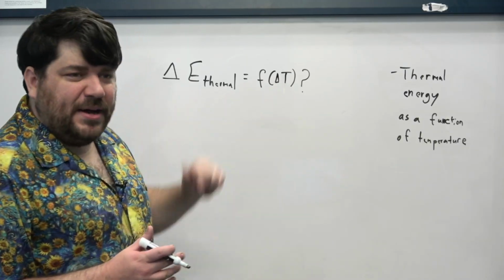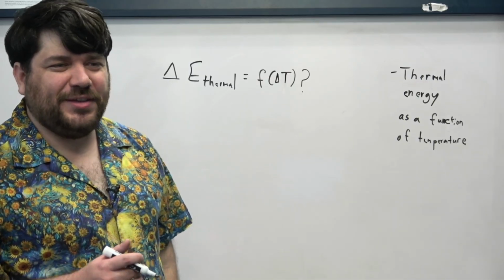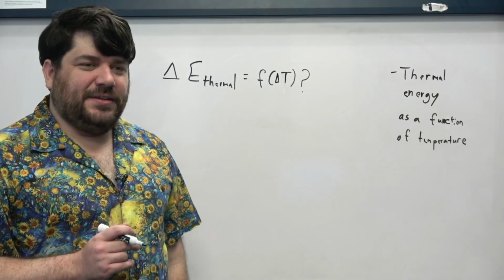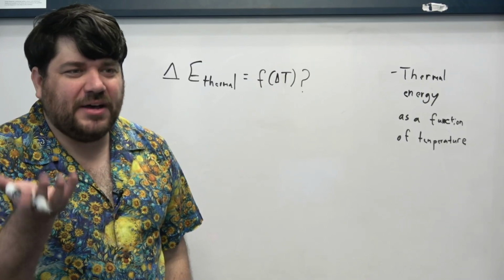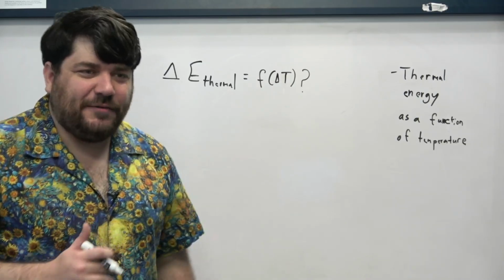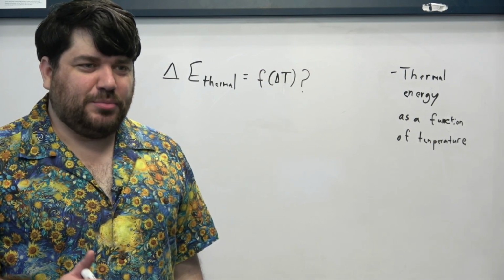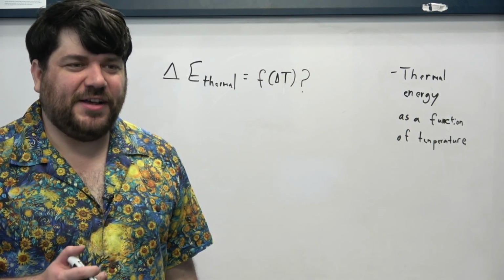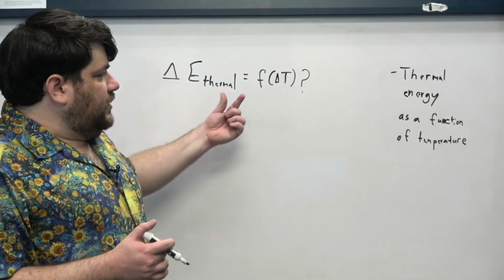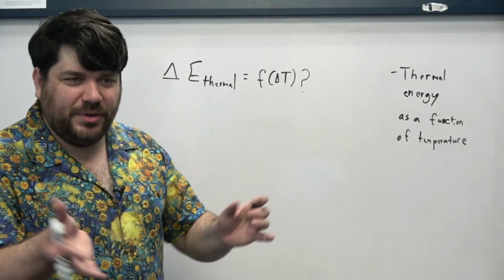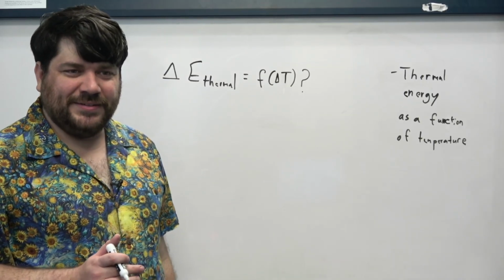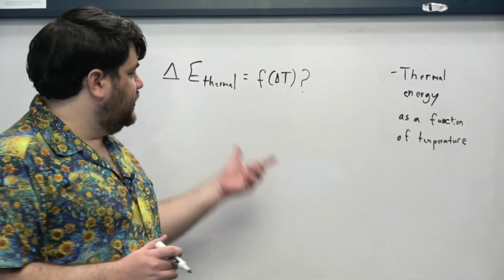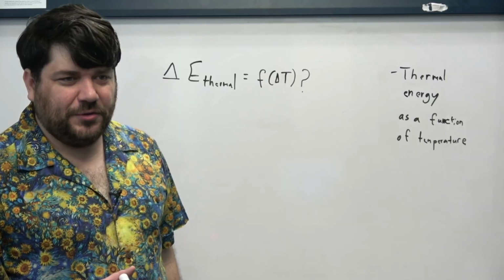So what can we say about this? Well, we can say similar things to the ideological modeling technique that we had for heat fluxes in the previous two equations that we developed, which is to say that, assuming we don't fiddle around with the system in a weird way, whenever changes in temperature in our system are zero, the change of the thermal energy of the system is also zero.